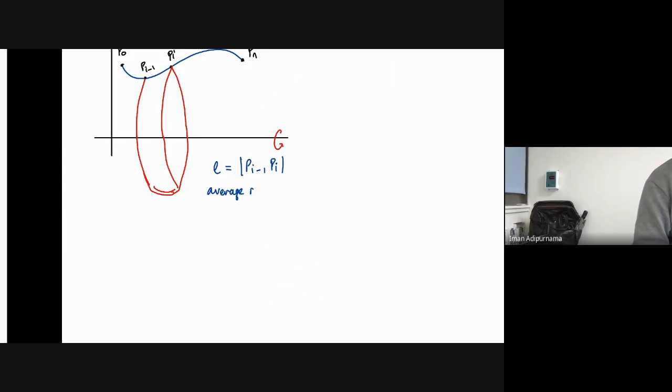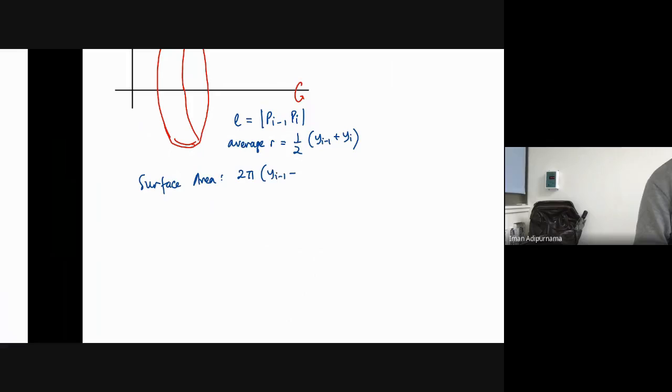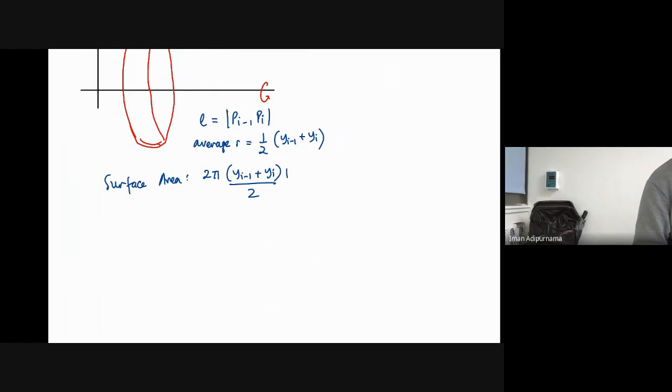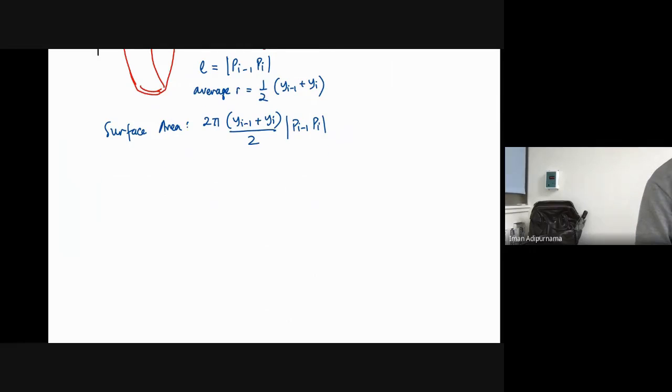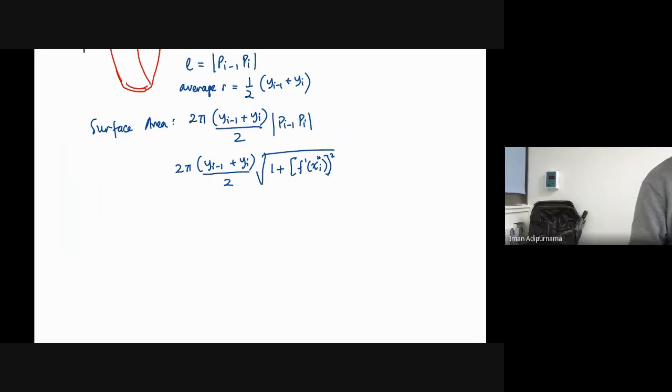and our average radius is one half. So our surface area is 2 pi, and then the r divided by 2, and then L. Let's write down the arc length formula: square root of 1 plus, and then delta x.